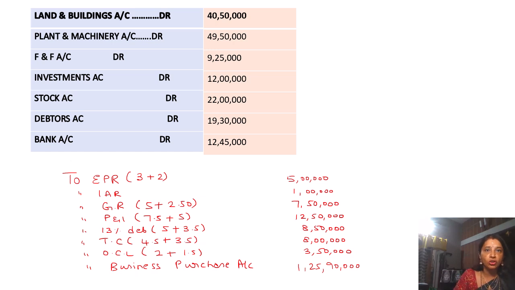So when you total all these, you get the total of 1 crore 65 lakhs. And when you total this, you get a total of 171.9. So when you see, the credit is more and the debit is less.